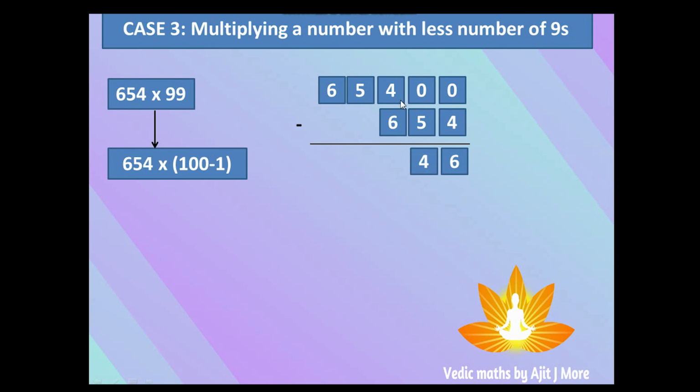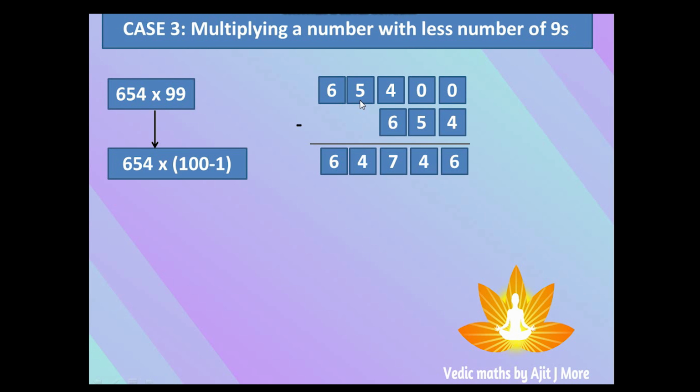This is sure going to become 4. I'll keep it as it is, and then 6. This is the answer. Is it clear to you? Yes. Again, I am saying we are going to discuss one complete session for subtraction, in which we'll be discussing how to subtract without using borrow.